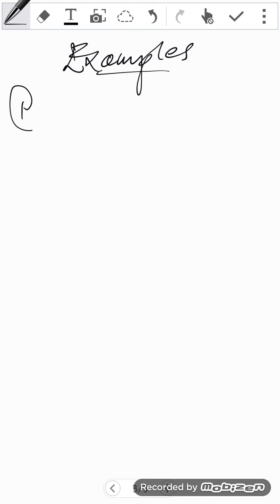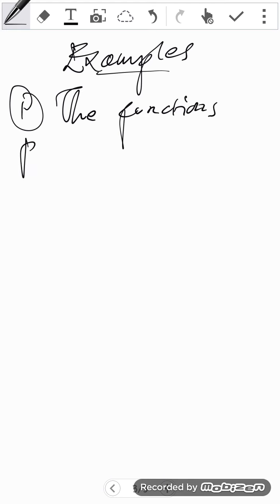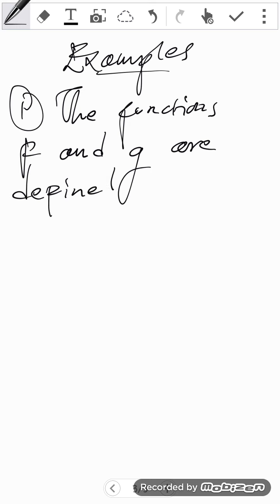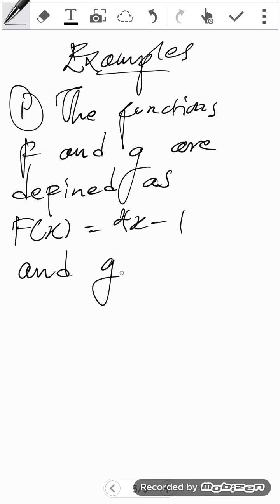All right, so let's say you've been given that the functions f and g are defined as f of x being equal to 4x minus 1, and simply g of x being equal to, let's say, -3x.